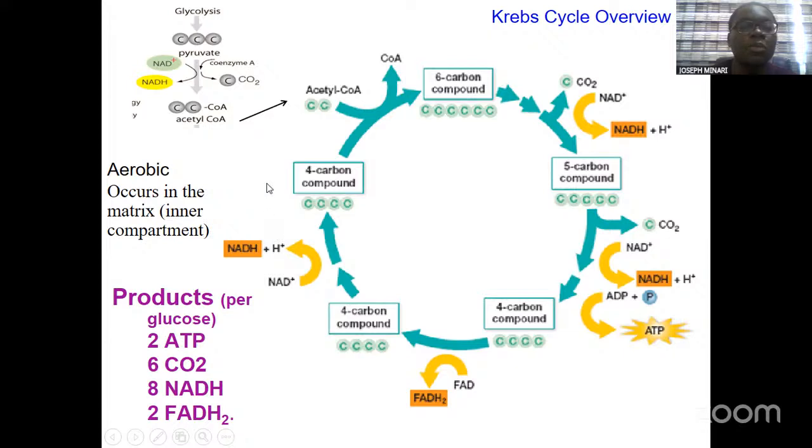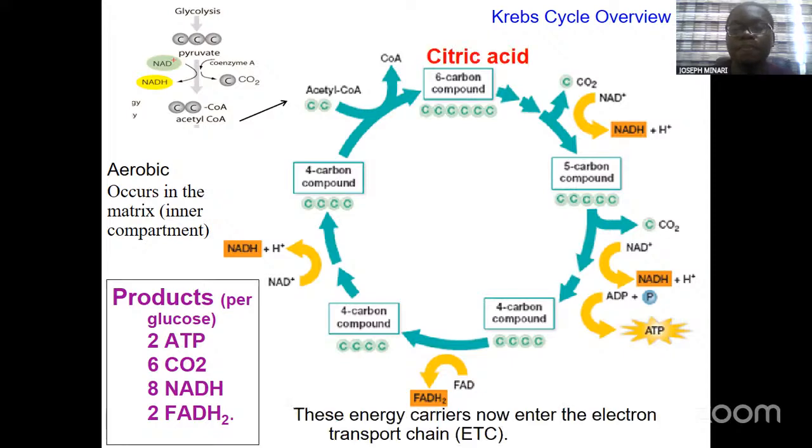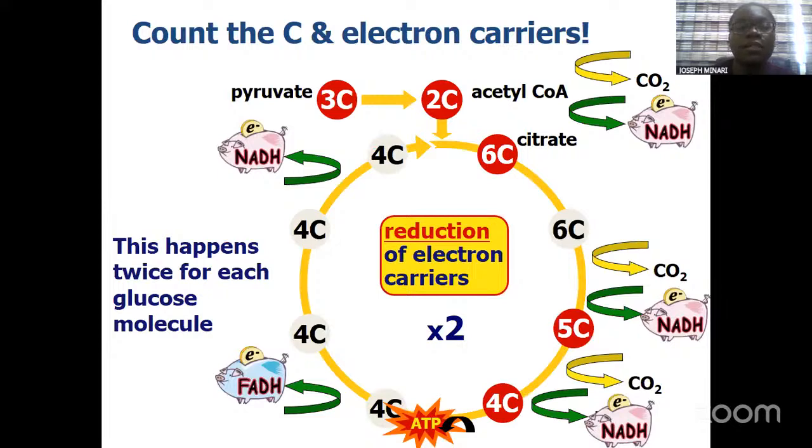So the aerobic stage occurs in the matrix, that is the inner compartment of the mitochondria. This shows the count of the number of carbons being reduced or increased.